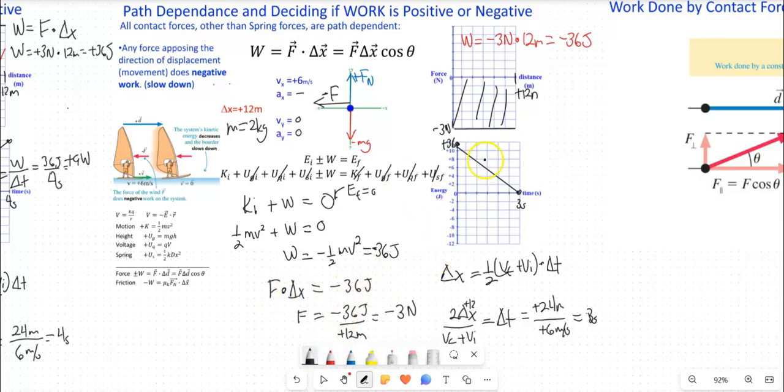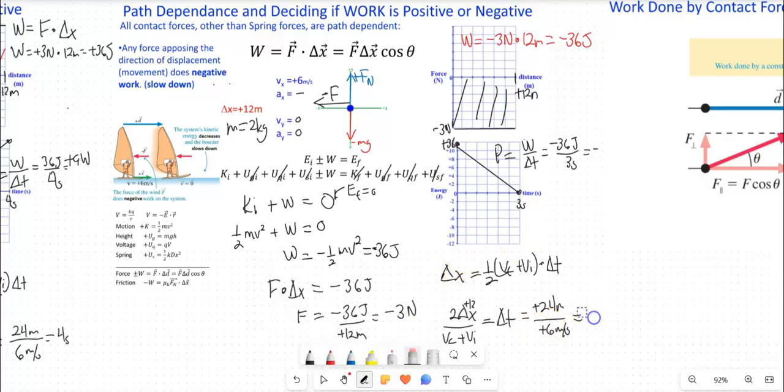And the power here is a negative slope, which is going to be equal to work divided by time, and that is negative 36 joules divided by 3 seconds, and that's going to work out to be negative, oh, I'm sorry, that should be 4 seconds.